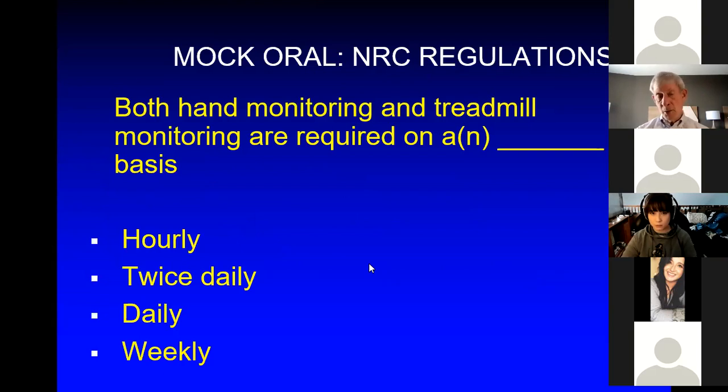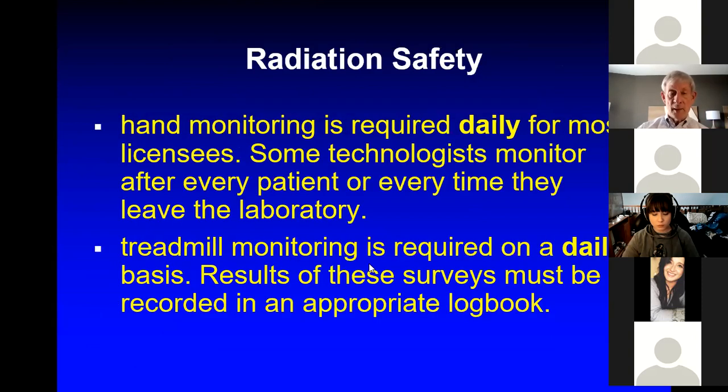Now, most technologists monitor their hands at least twice daily before they go to lunch, so they make sure they don't contaminate their tuna fish sandwich, and at the end of the day. And so daily is the answer, although from a practical standpoint, it's usually more often than that for monitoring the hands.